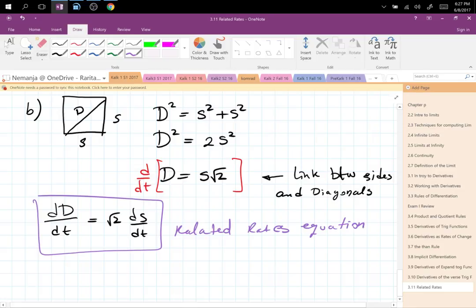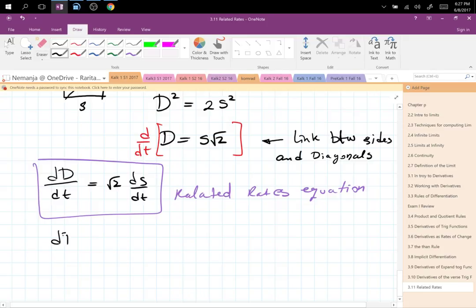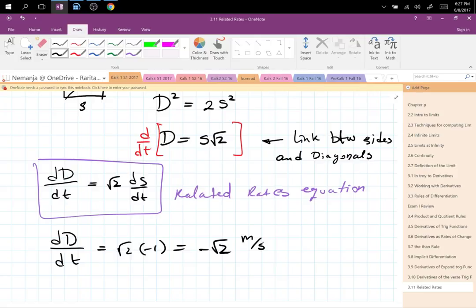What do you do? Plug the numbers in. They're saying at what rate is the diagonal changing, so you know that they're asking you how much is dD dt. On the other side, you know that ds dt is -1, right? So it's root 2 times -1, equals negative root 2, and that would be meters per second, because it's the length divided by time.